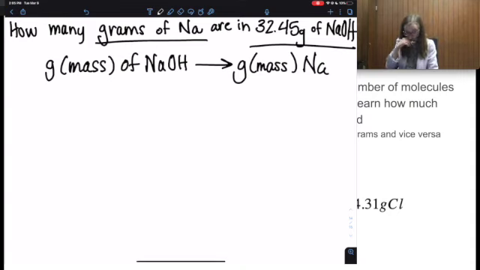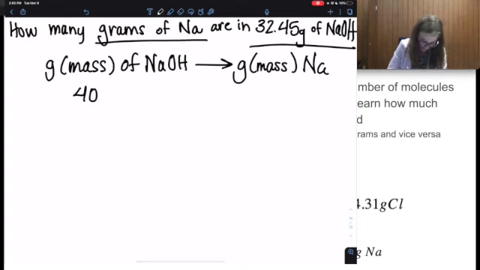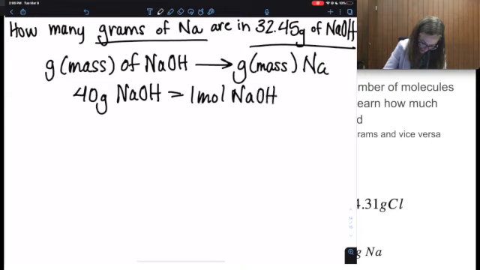So we're going to work through the same process here. We're going to need the formula mass, the molar mass, and the chemical formula, and I think that'll do it. The formula mass of NaOH is 40 grams of NaOH for every 1 mole of NaOH.